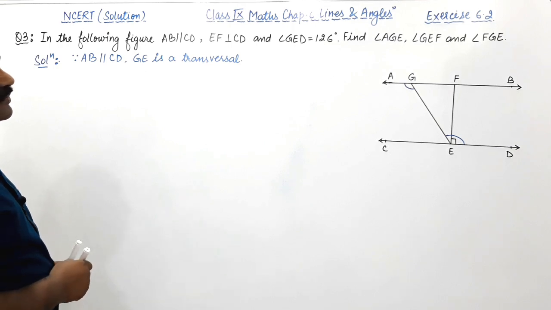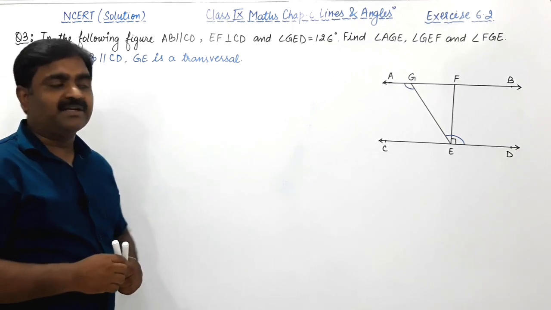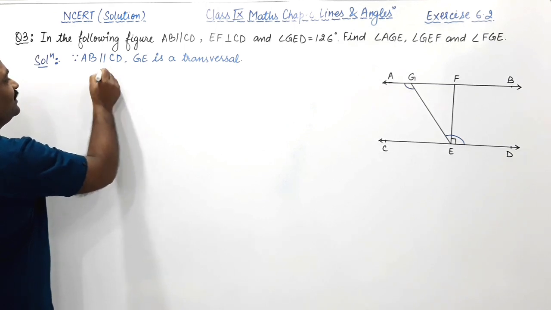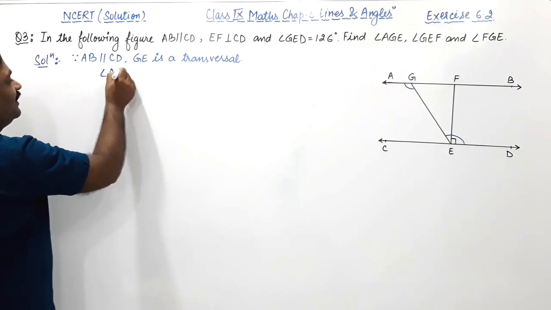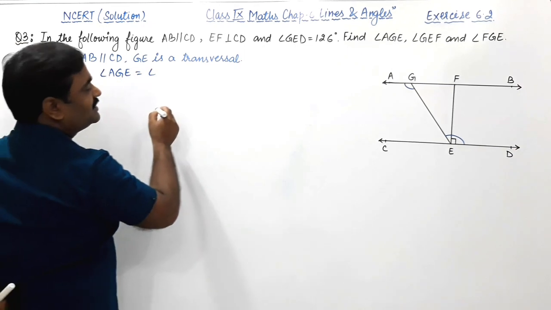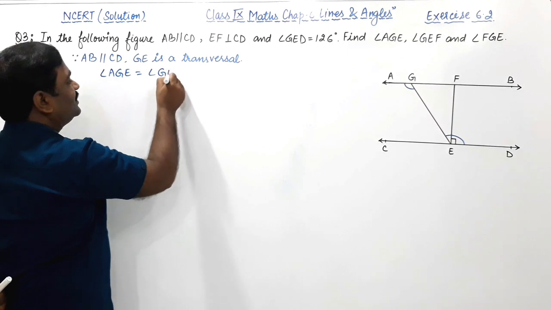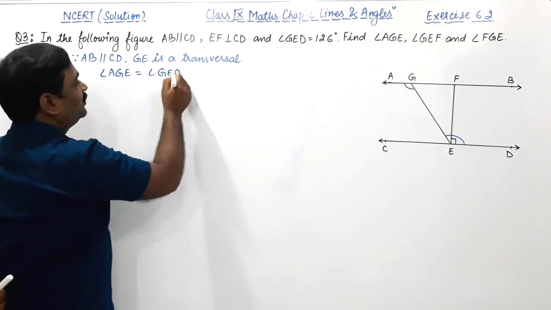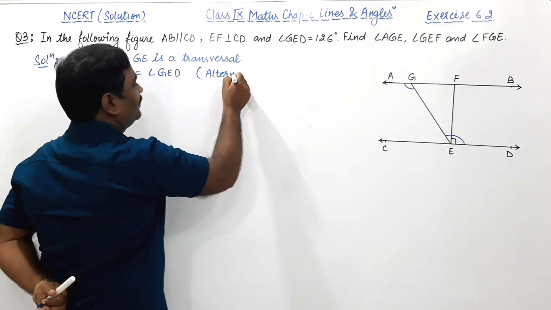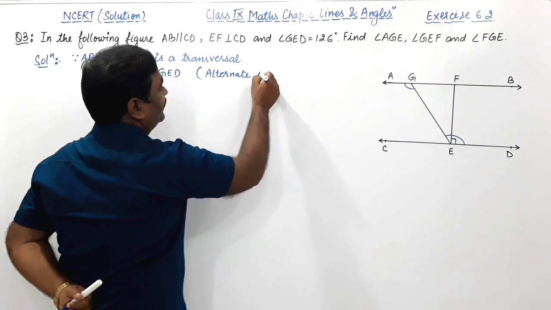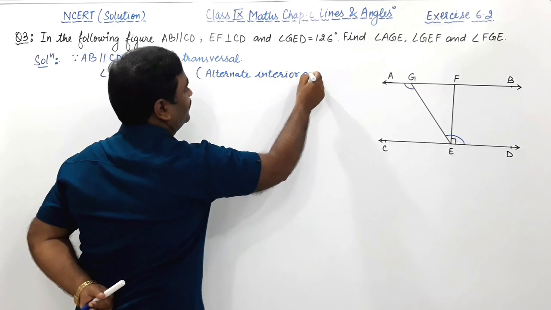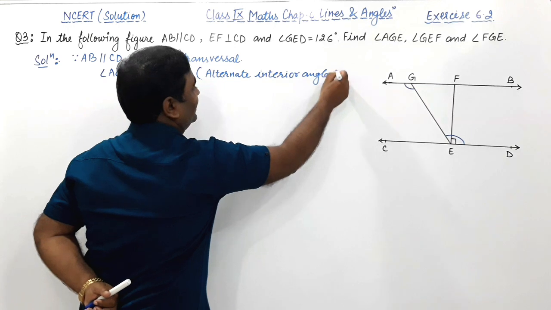If GE is a transversal, so alternate interior angles are equal. Angle AGE is equal to measure angle GED. Why? Because they are alternate interior angles, right friends? Interior angles, that's why they are equal.